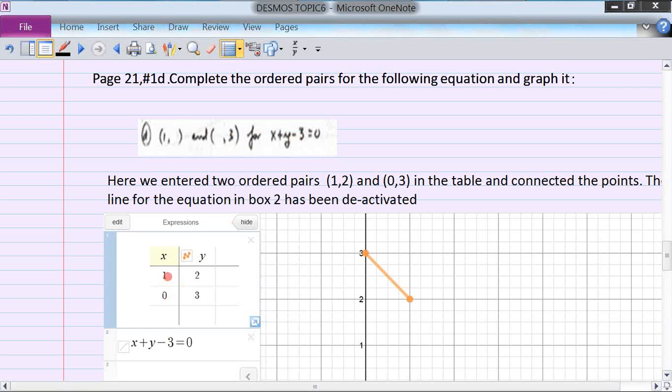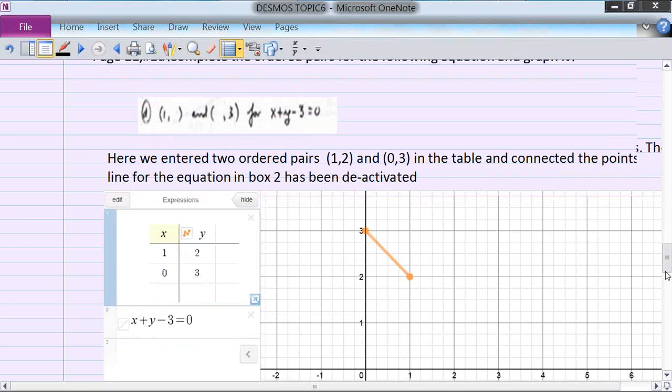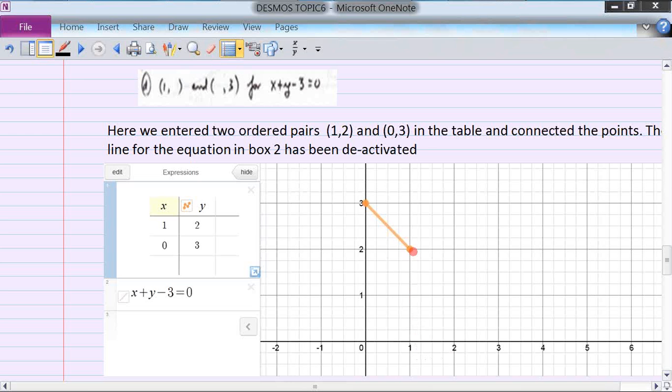So we have our two ordered pairs: 1, 2, and 0, 3. Here they are. Here is x equal to 1, y equal to 2. That's this one. This one here is 0, 3.